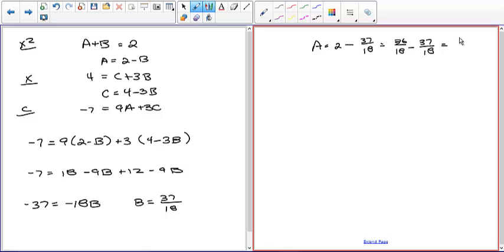So we get negative 1/18. And then we'll get C is equal to 4 minus 3 times B, B is 37 over 18. So that's the same as 4 minus 37 over 6.